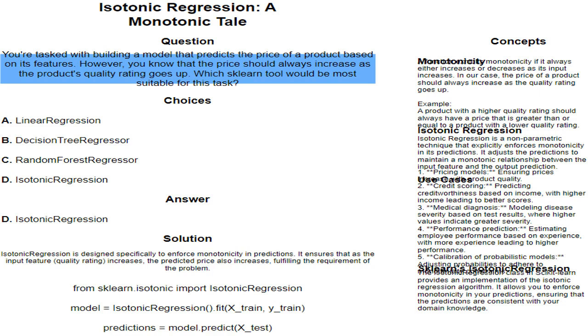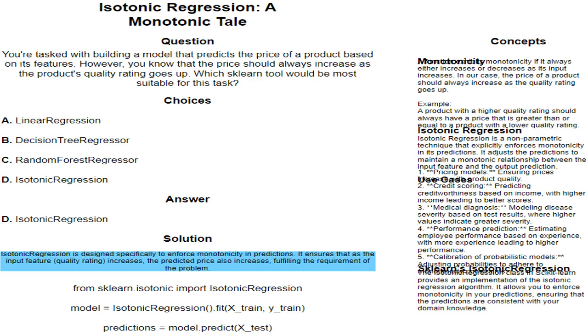C. Random forest regressor. Isotonic regression is designed specifically to enforce monotonicity in predictions. It ensures that as the input feature quality rating increases, the predicted price also increases, fulfilling the requirement of the problem. D. Isotonic regression.